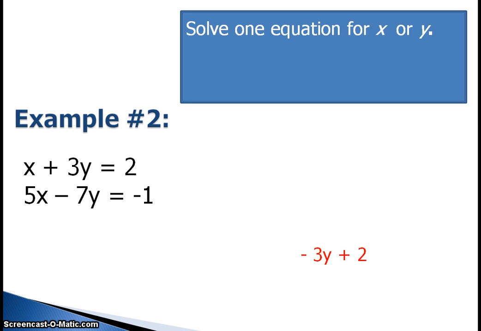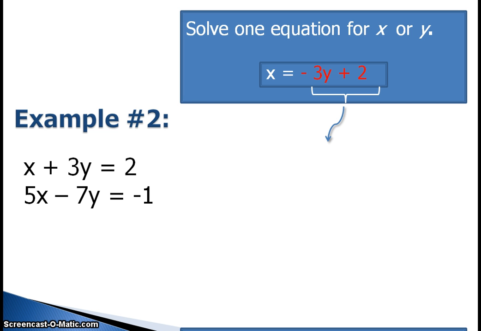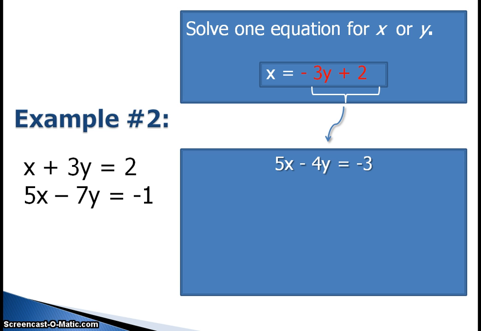Now I'm going to use the fact that x is equal to negative 3y plus 2 to substitute that value in the second equation every place I see x. And so I have now, instead of 5 times x, I have 5 times negative 3y plus 2. Now that gets me down from 2 variables, which I can't solve in a single equation, to one variable, which I can solve in a single equation.